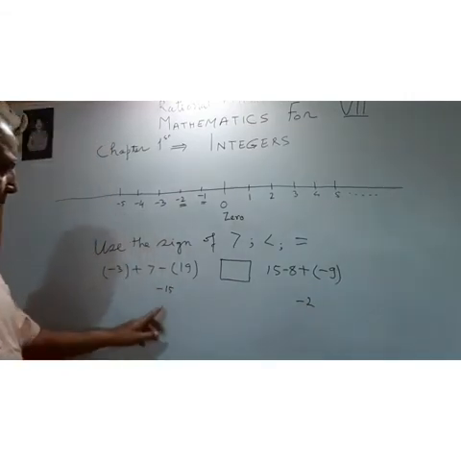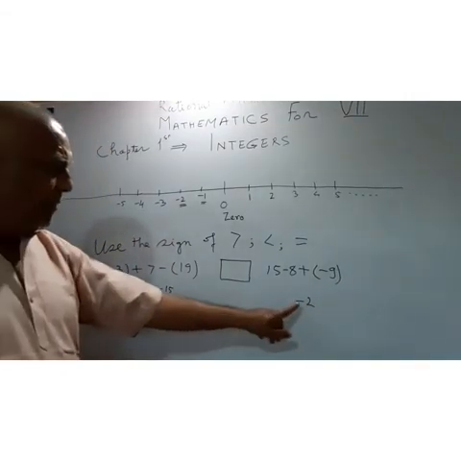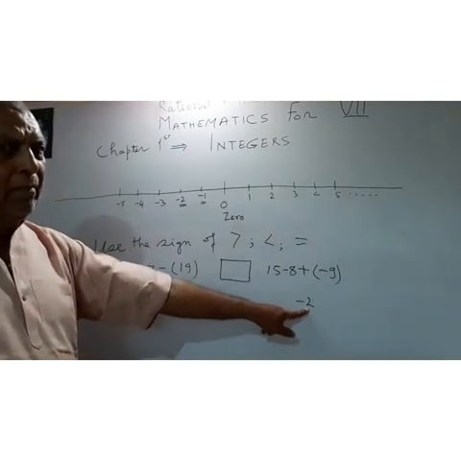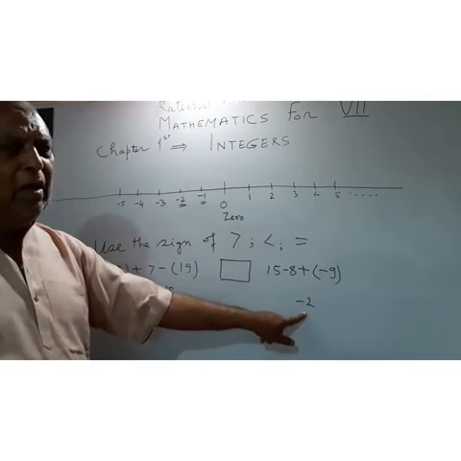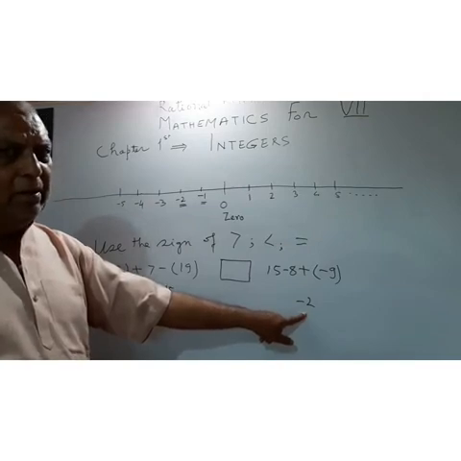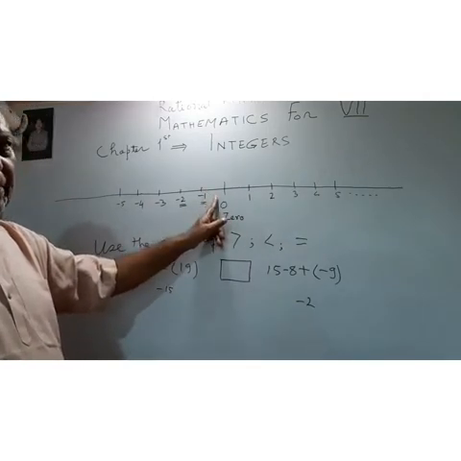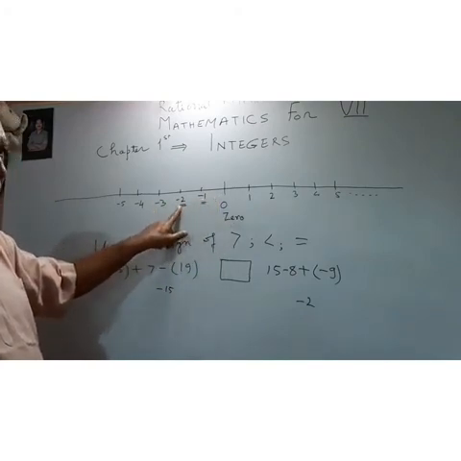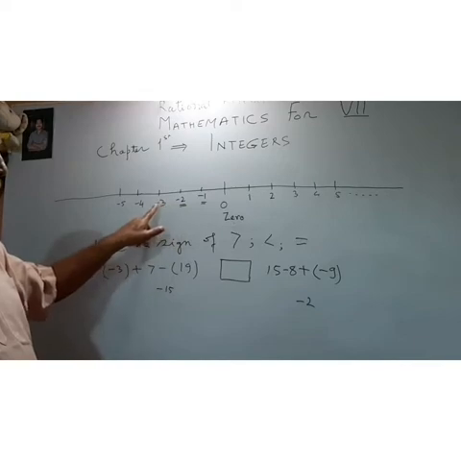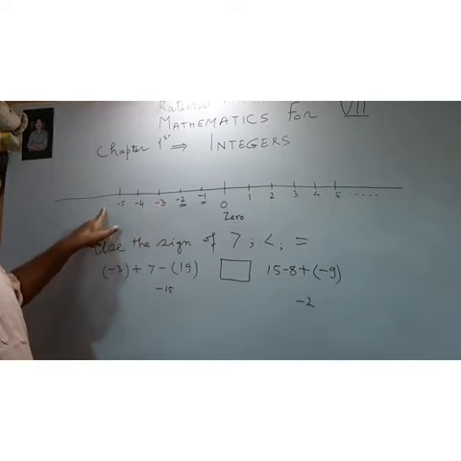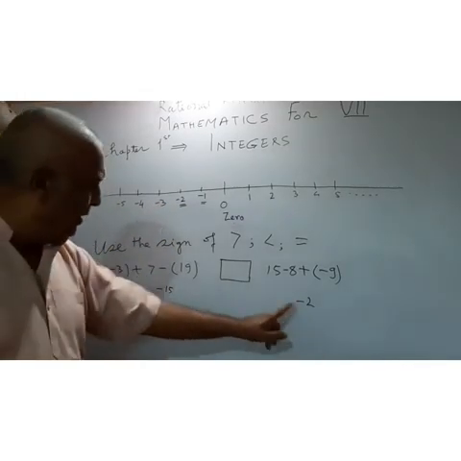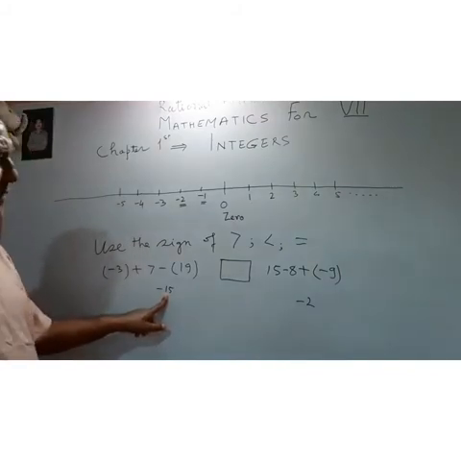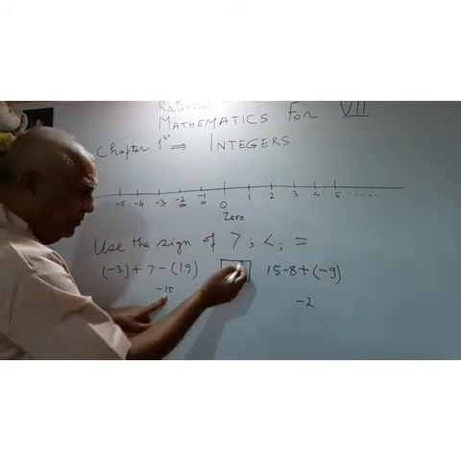Now tell me, minus 15 and minus 2, which is lesser? Minus 2 is greater or lesser? At the number line. I have told you, minus 1 is greater than minus 2, minus 2 is greater than minus 3, and so on. So minus 2 is greater than minus 15. Then what sign we will use here? This one.